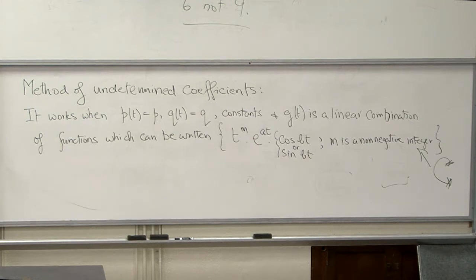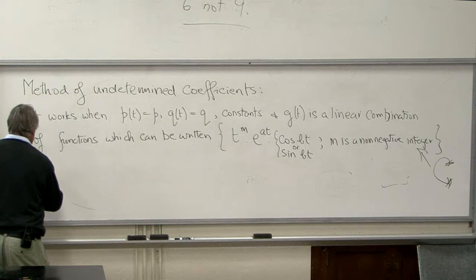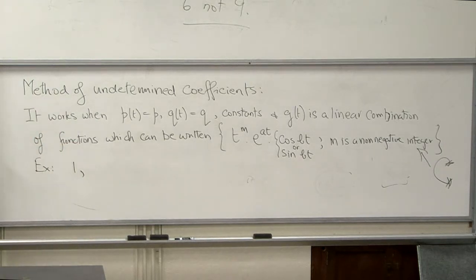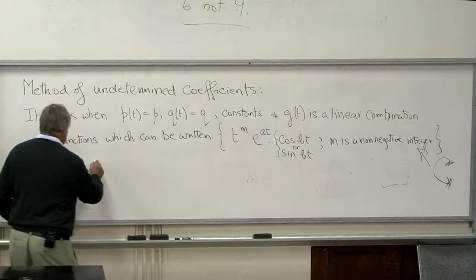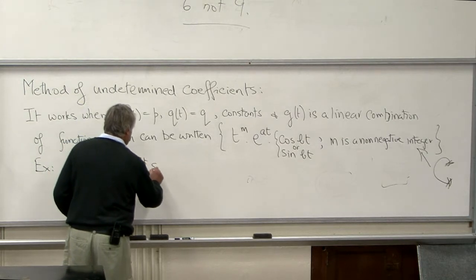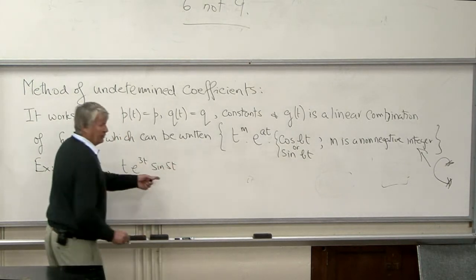So, let's think of who belongs to this class. Examples. 1, of course, belongs to the class of functions. M would be 0, A would be 0, and the B in the cos bt would be 0. T belongs. T e to the 3t sine 5t, that belongs.